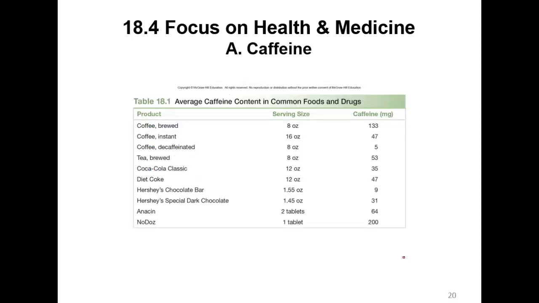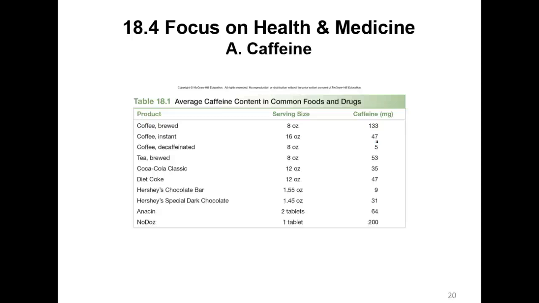All right, I think this is kind of a cool little table to show you the amount of milligrams of caffeine in certain things. You can see that coffee has one of the highest. Instant coffee, interesting enough, has much lower, and that's because the water doesn't steep or sit through the coffee that long.